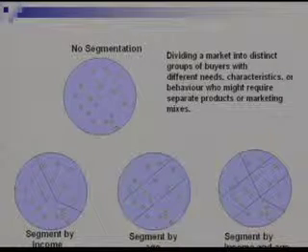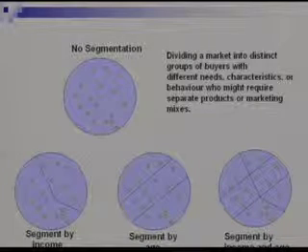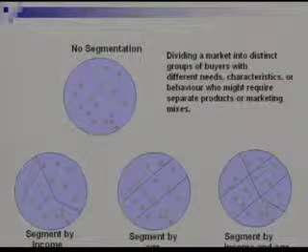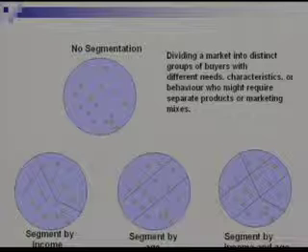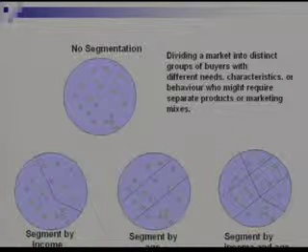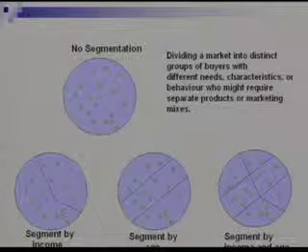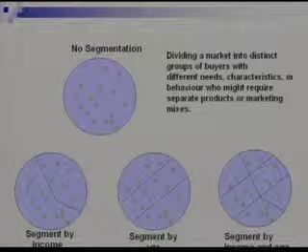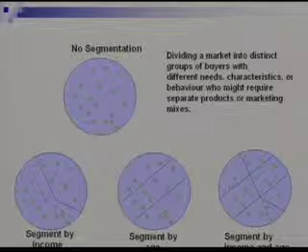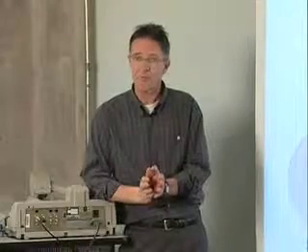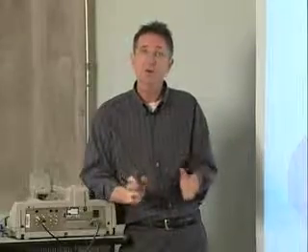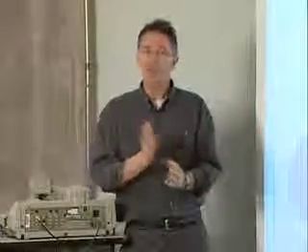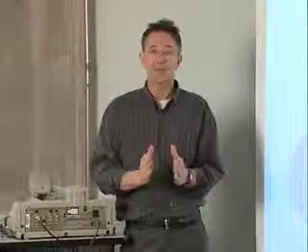So we might have consumers between 19 and 35, those between 36 and 49, and those 50 and older. And then, on the last diagram on the right-hand side, you'll see dividing the market by both age and income. Each time you add a variable, you're dividing the market up into a smaller piece. You're getting smaller pieces of the pie. And that's this process of segmenting the market, figuring out how you're going to cut it up, and then looking at the segments that result.